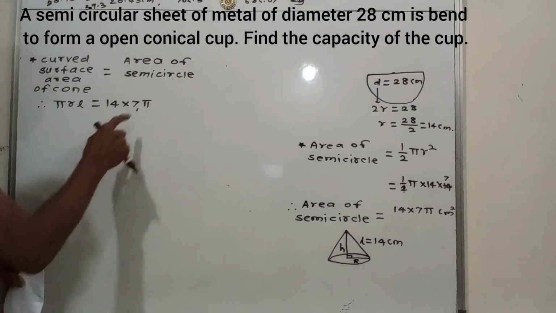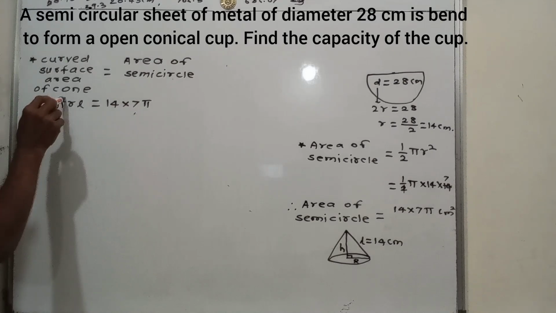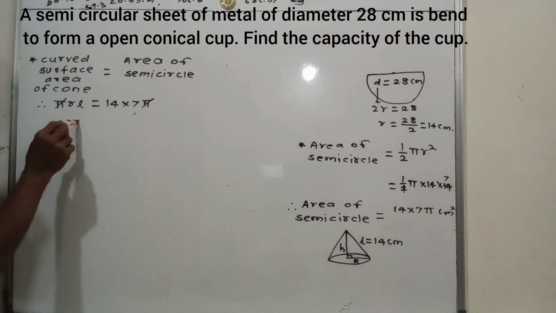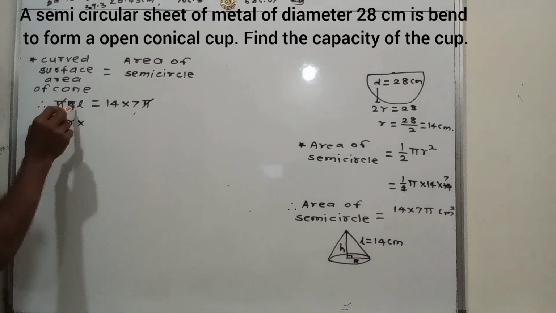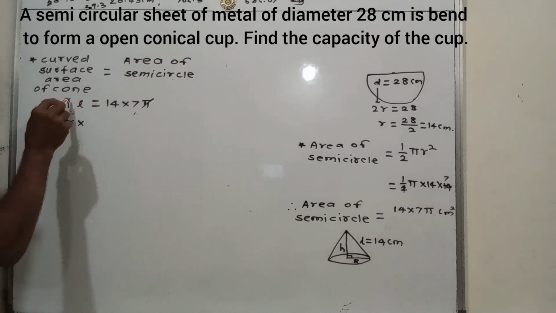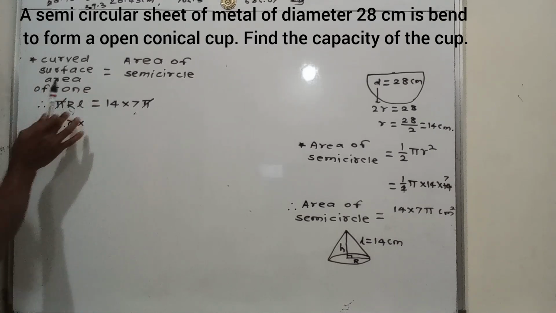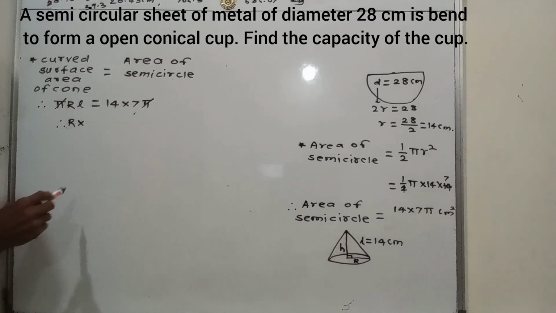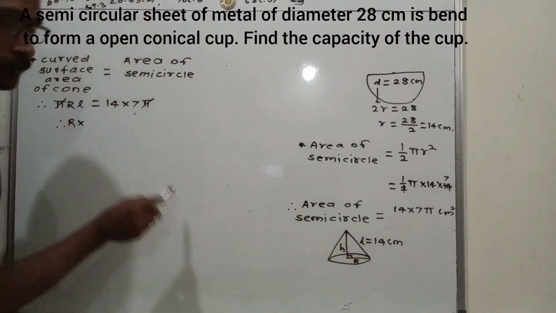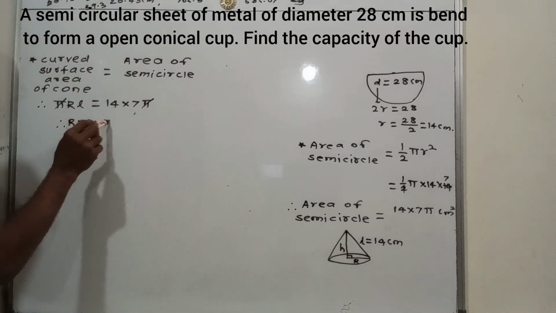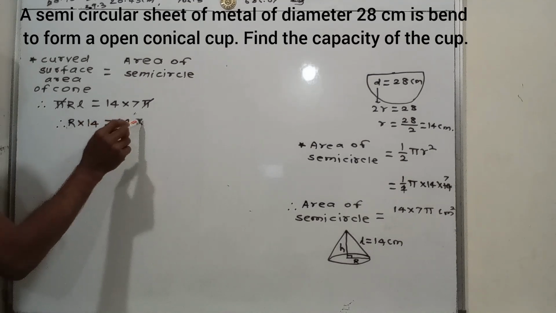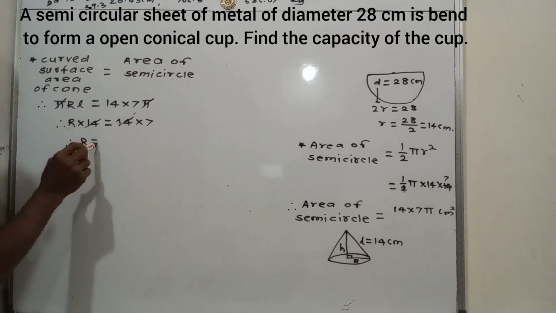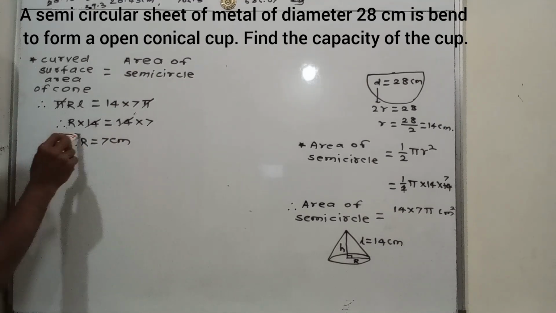Now here pi cancelled. We don't know this capital R, so we keep it as it is. Slant height 14, so R into 14 is equal to 14 into 7. 14 cancelled. Therefore R is equal to 7 centimeter.